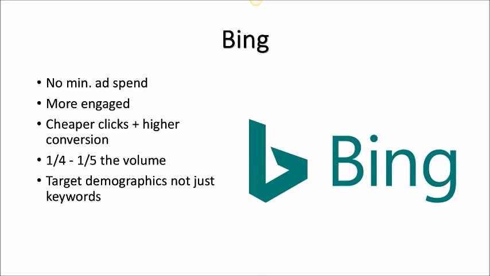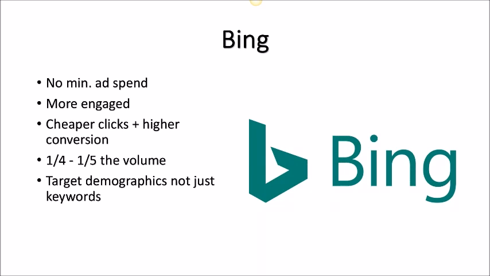Another thing that I really like about Bing that's a big bonus is that with a lot of the PPC networks, when you're running pay-per-click ads, you can target based off of keywords, meaning I can tell the ad network to only show my ads to people who are doing a search for home loans and mortgage loans and specific keywords, for example. But on Bing, you can also target specific demographics.